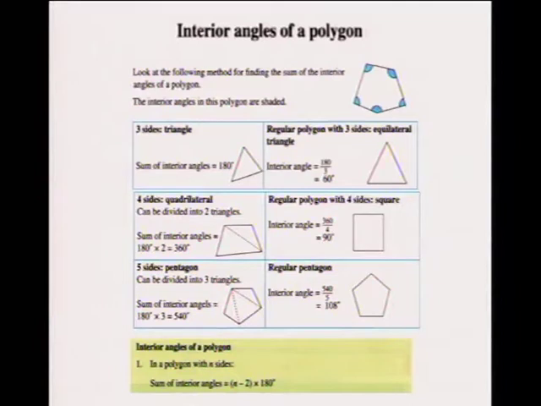The interior angles of a polygon, interior, inside. Look at the following method for finding the sum of the interior angles of a polygon. The interior angles in this polygon are shaded. There you see it. The sum of the interior angles is 180 degrees. If you explain it to the learners, you can draw a triangle, or each learner can draw a triangle.